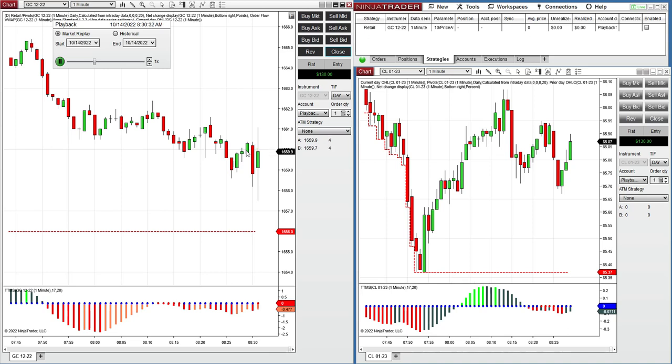You only want to hit that close button if you think you can't get a good exit properly. If you can't get a good exit properly, that's when you hit the close button. Let me show you that in real time.